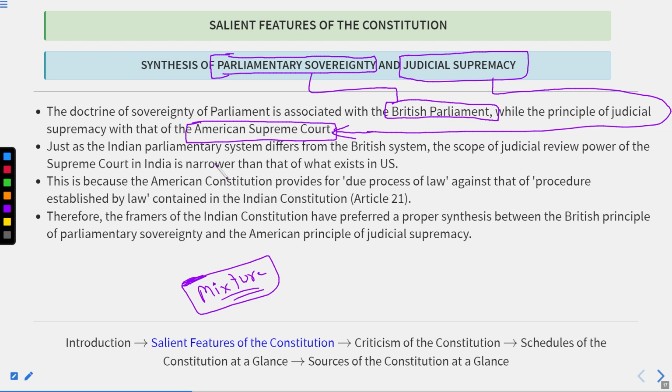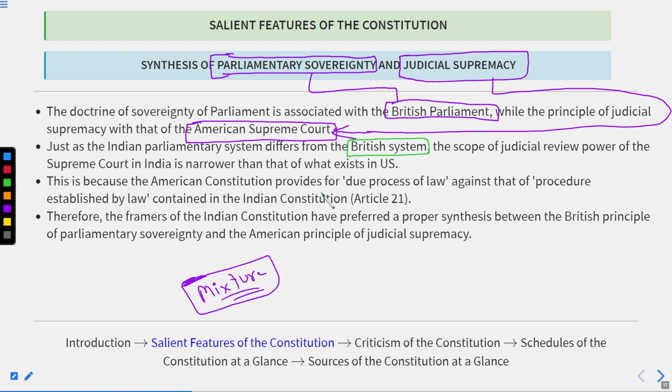So the British Parliament and the Indian Parliament are different, but we borrowed the parliamentary system from the British. How the system differs from the British, we have already discussed in previous lectures. But here, just like the parliamentary system of India differs from the British system, the same happens with the US Constitution.